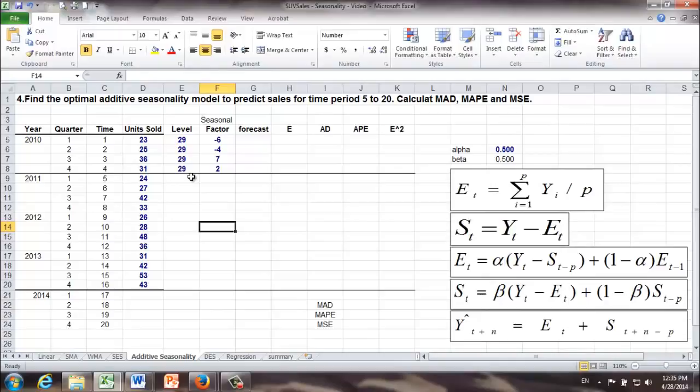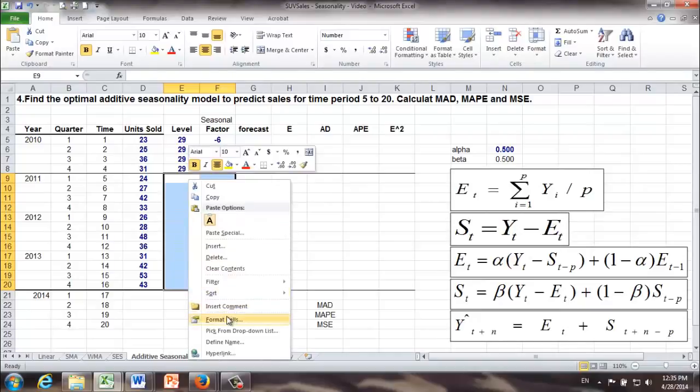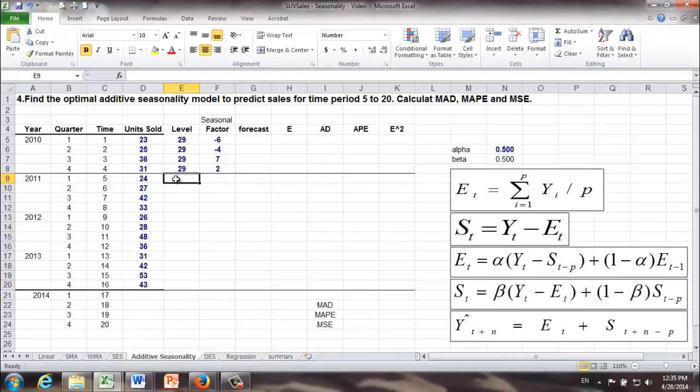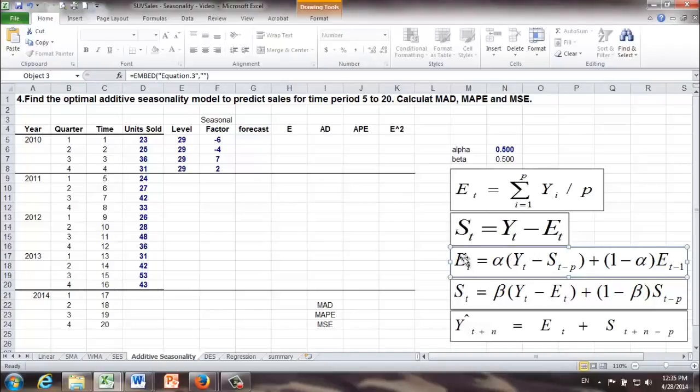Once again, to make sure our forecast will be integer, we're going to format cells. Make sure they keep 0 decimal places. Now we are ready to use the regular formula for level to calculate the first one. Actually, in this case, it will be the level for time period 5.